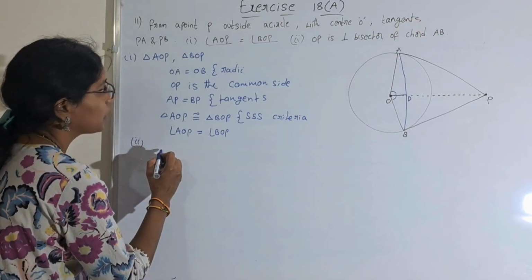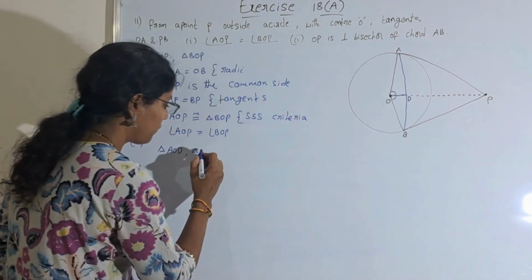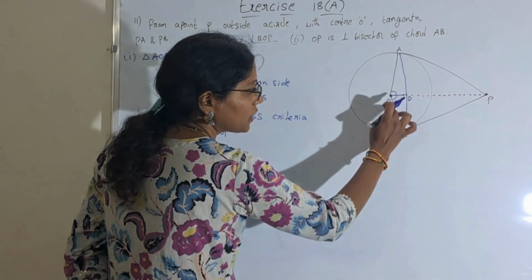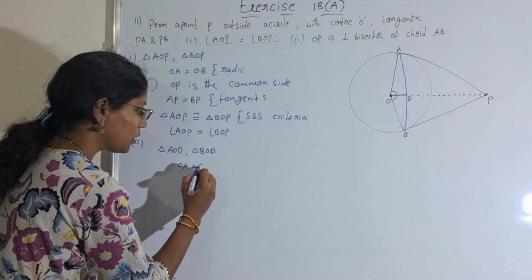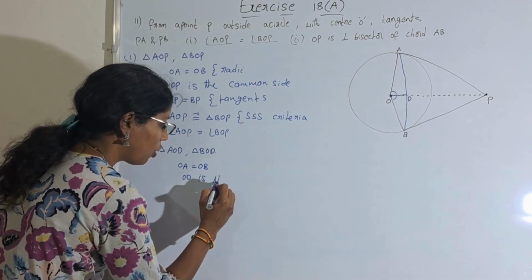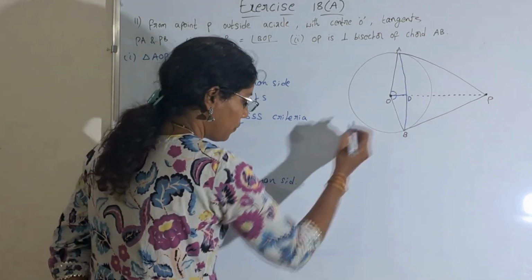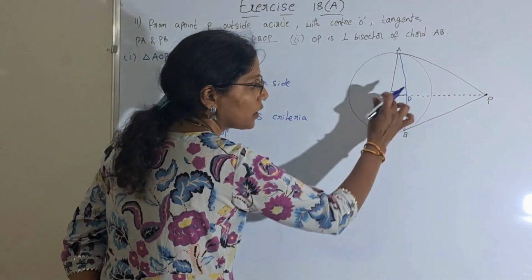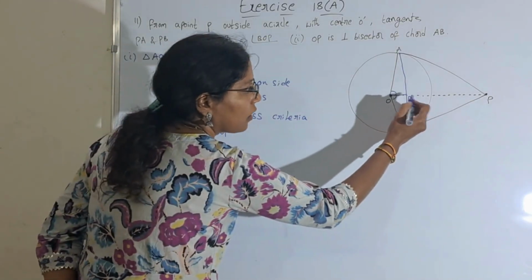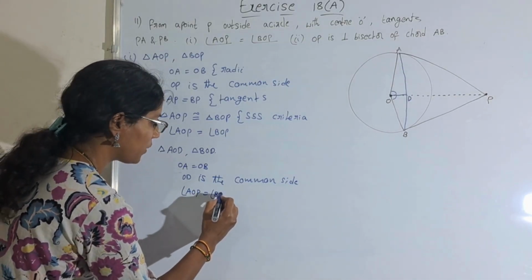So consider triangle AOD, triangle BOD. Here which criteria will be satisfied? OA is equal to OB. OD is the common side. Next, already we proved angle AOD is equal to angle BOD from the first problem, angle AOP is equal to angle BOP.